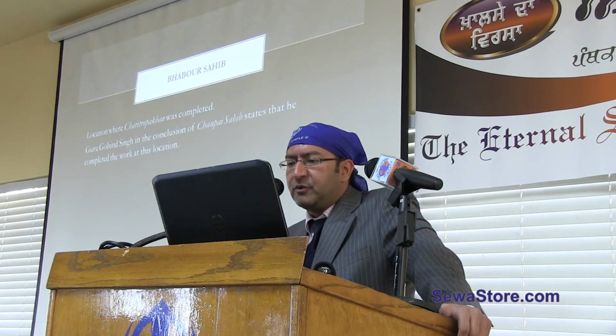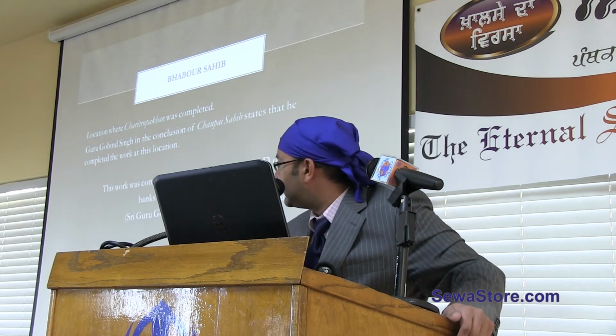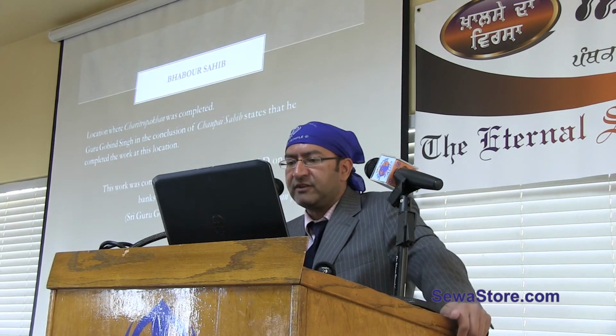In his conclusion of Chopi Sahib, he states the work was completed in 1696 on the banks of the river Sutlej. For those who have never done darshan at Babur Sahib, it's very important that every Singh visits this location, and you can see the majestic views that Guru Sahib had whilst completing the Tirtha Pakyan at this location.